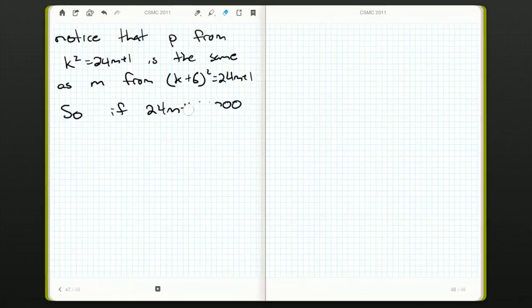If m is less than 1,000. So let's figure out where m is less than 1,000, then we can go back and say that's where p is less than 1,000. So if m is less than 1,000, then 24m plus 1 is at most 24,001.